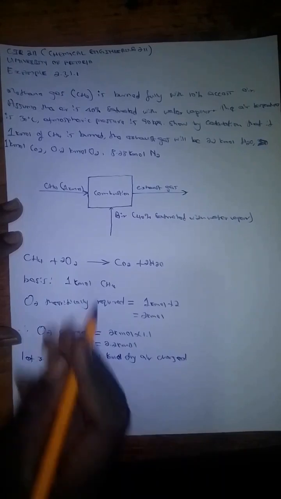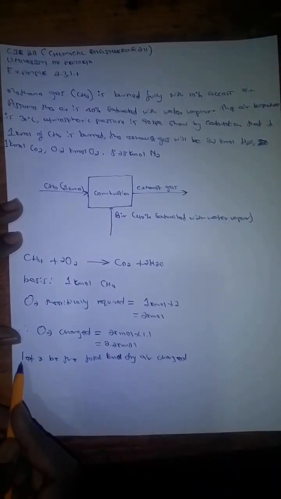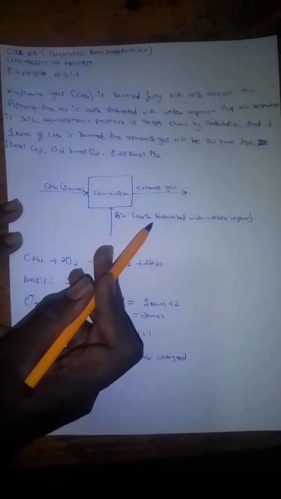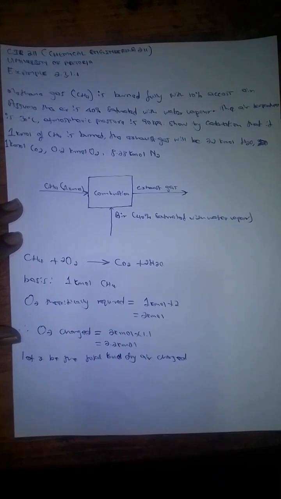This doesn't really mean that the air is dry. It just means that we are focusing on the air, excluding the water vapor that we are told is there. The air is 40% saturated with it.